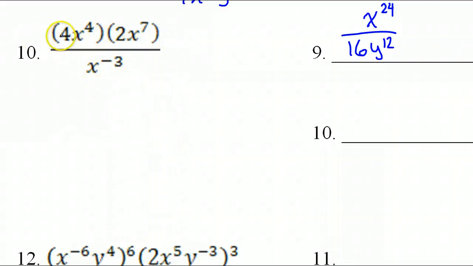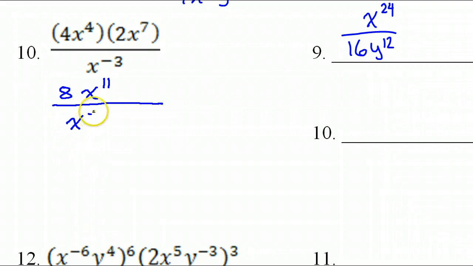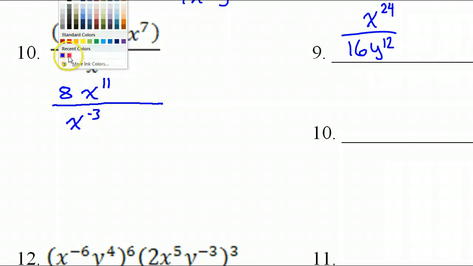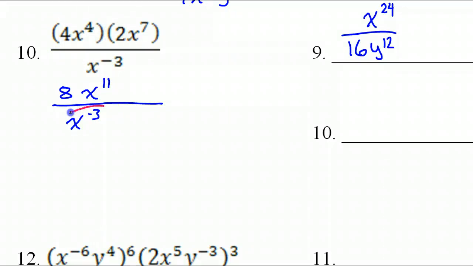Alright, I think I will go ahead and multiply the numerator stuff together first. 4 times 2 is 8. X to the 4th times x to the 7th power is x to the 11th power. Alright, for the moment I still have this x to the -3. As we've discussed many times, anything with a negative exponent is on the wrong side of the fraction.